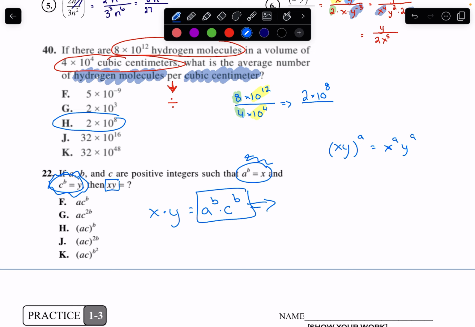So that's the rule that I'm using. I'm just going backwards. I have an exponent on top, b and b. So it's kind of like I'm undistributing. I've got a times c, and I'm going to take that exponent b and move it to the outside. And now it should match with h right there in the middle.